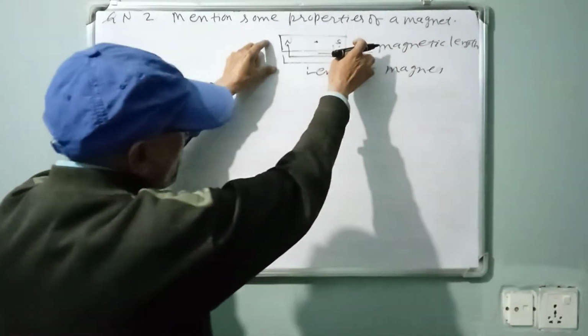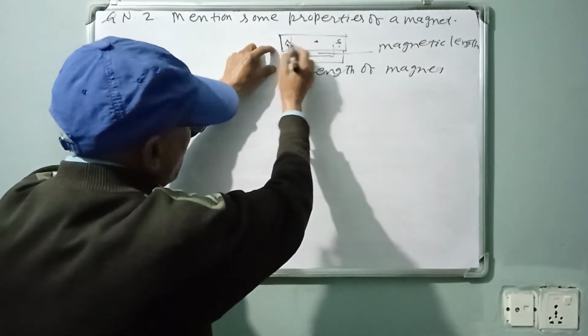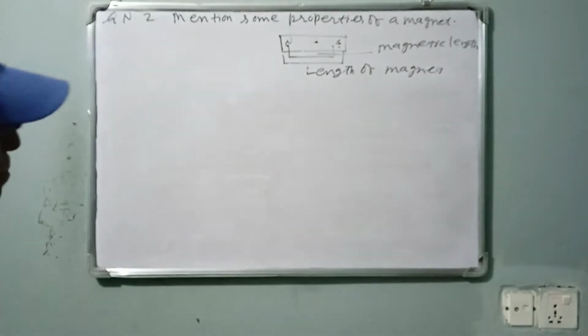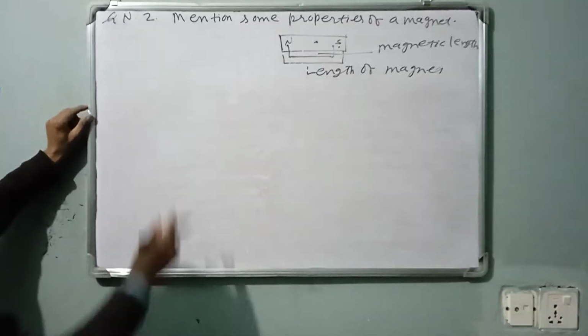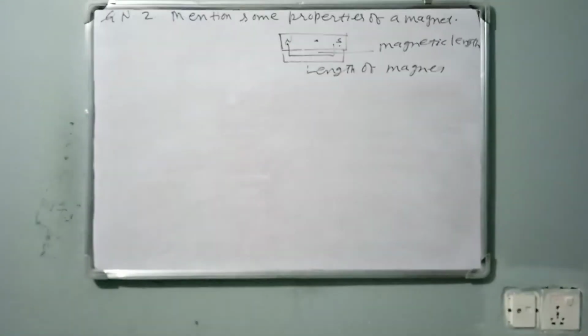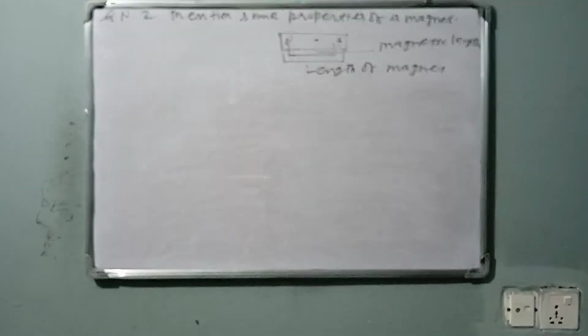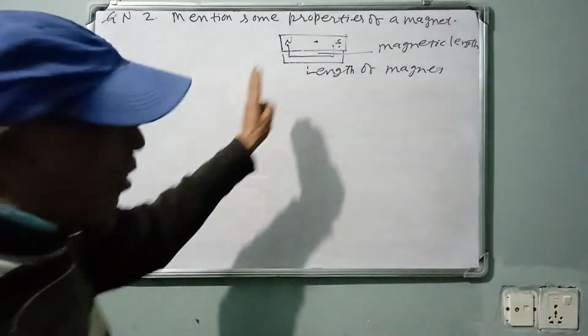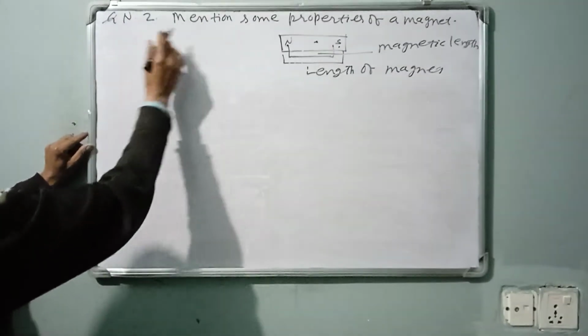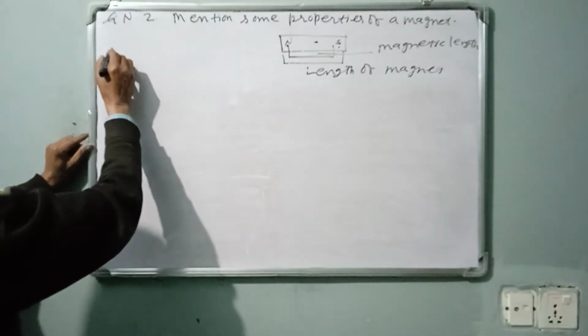If it is 1 meter, then from North Pole to South Pole it is 85 centimeters, nearly 85%. So mention some properties of magnets. What are some properties of a magnet?